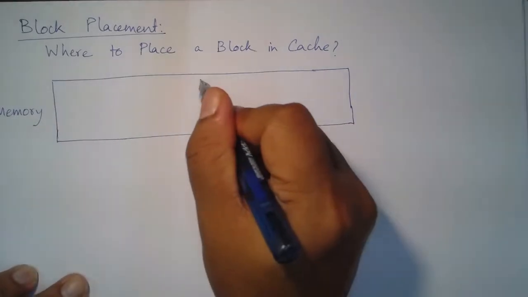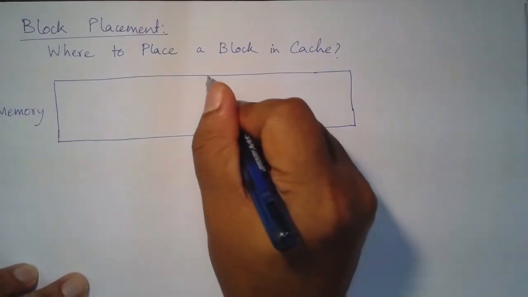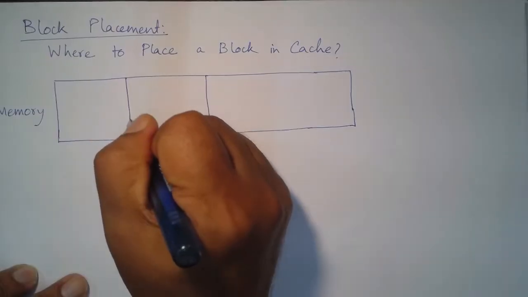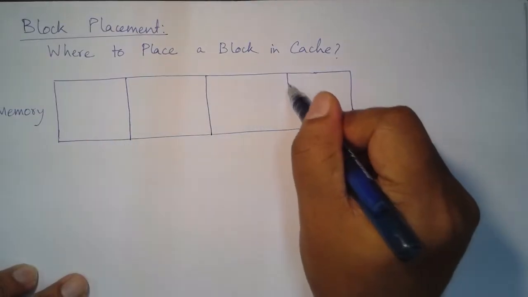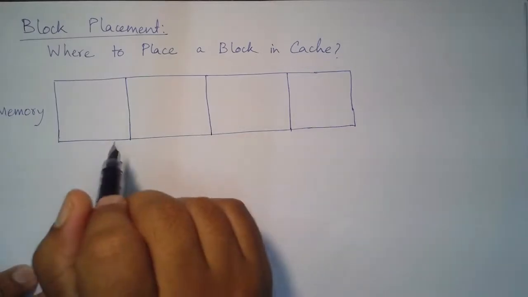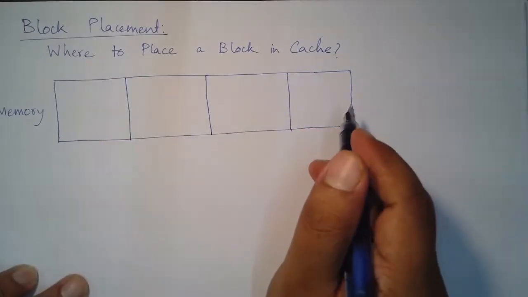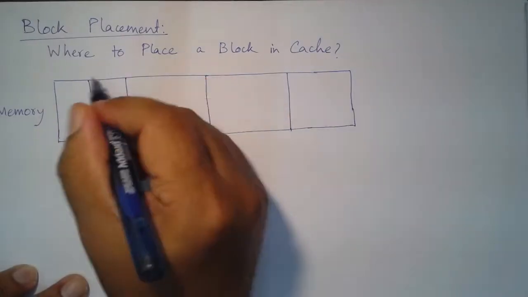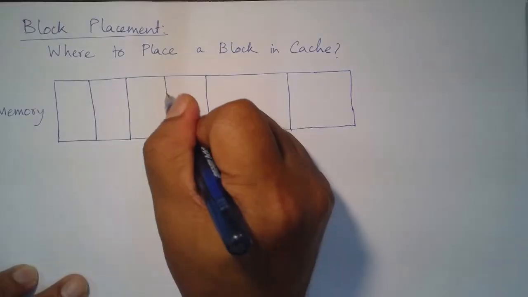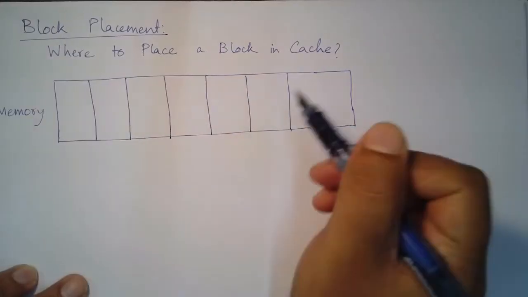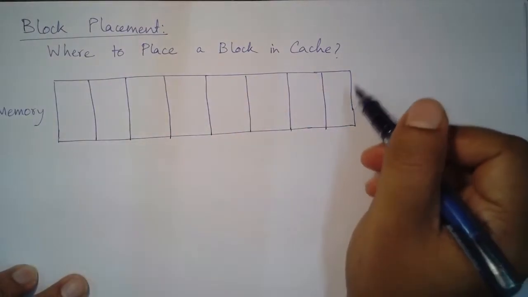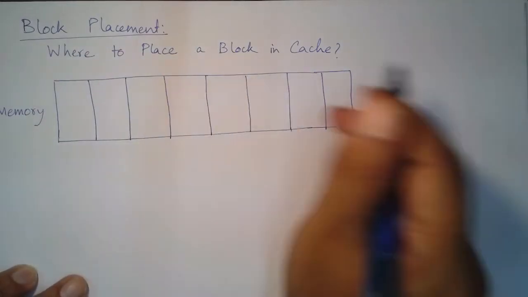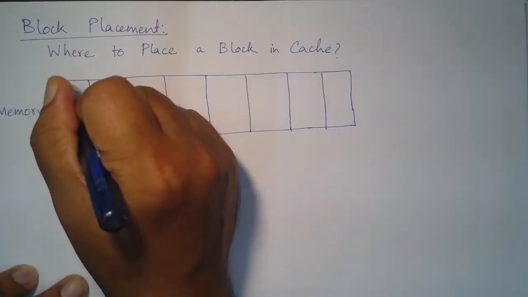So if I divide it into, let's say, half, this will have 16. Then I can further divide it into half. So I have now 4 blocks. So each block should have 8 blocks. Basically I'm just trying to draw it appropriately. So I now have 8 big blocks. Each of these big blocks should have 4 other blocks.